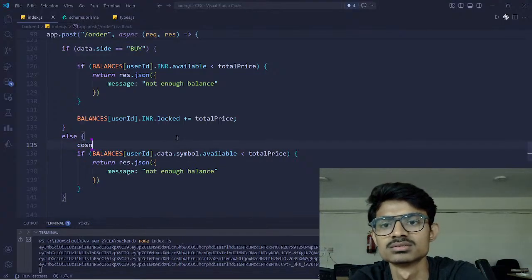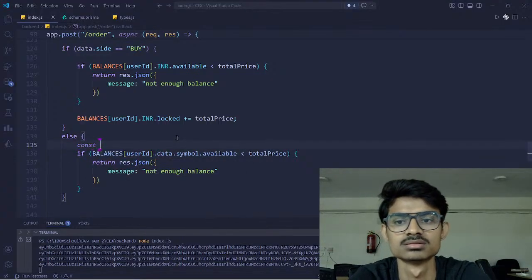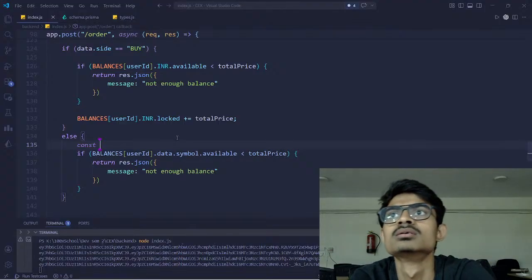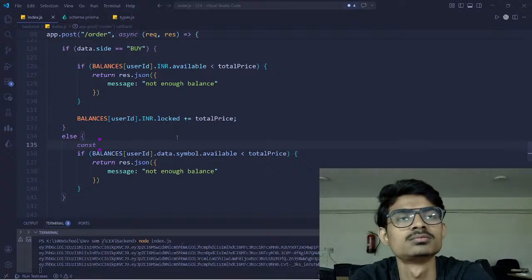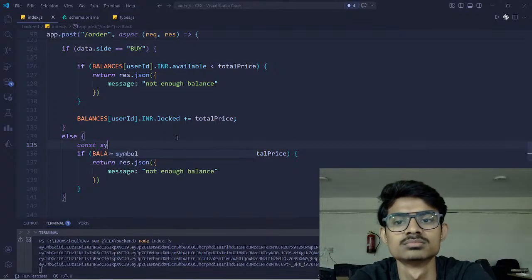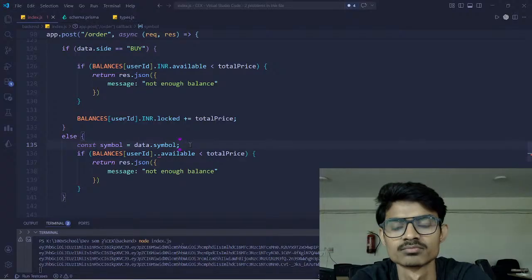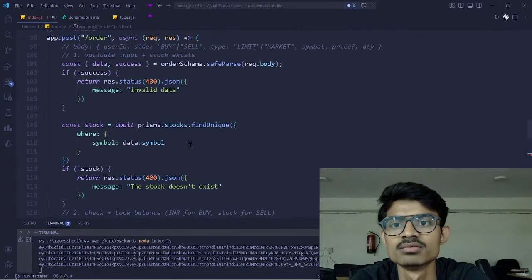Const symbol equals this. Do we have any symbol already?